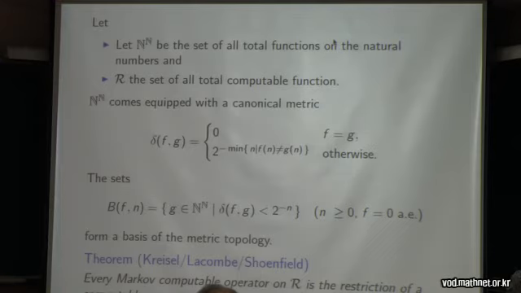In that case, Kreisel, Lacombe, and Shoenfield showed again that every Markov computable operator on R is the restriction of a computable operator on N power N. So again, a positive answer.